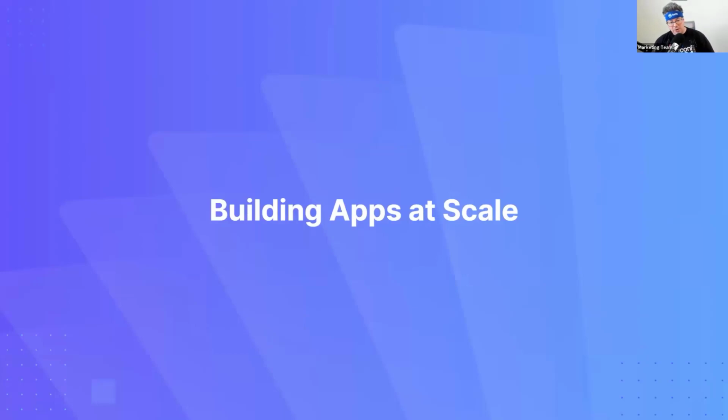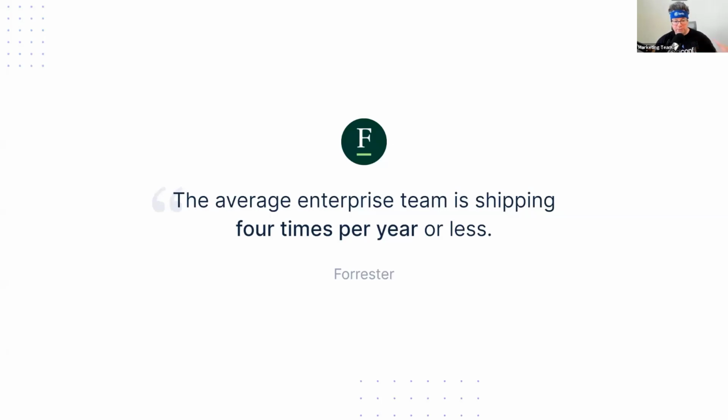So let's talk about building applications at scale, and one particular area of this, which is automation, because like all of us here probably today, we all have challenges keeping up with our app backlog, delivering on solutions, and keeping up with the pace of technology today. One particular quote we love to share comes from Forrester, which along with Gartner works with enterprise customers day to day and especially enterprise software teams in the trenches.